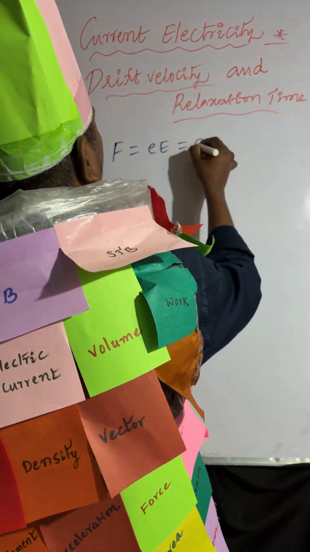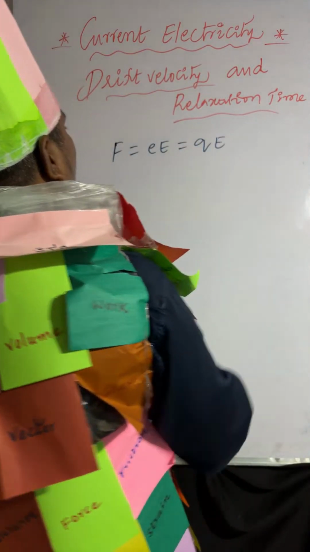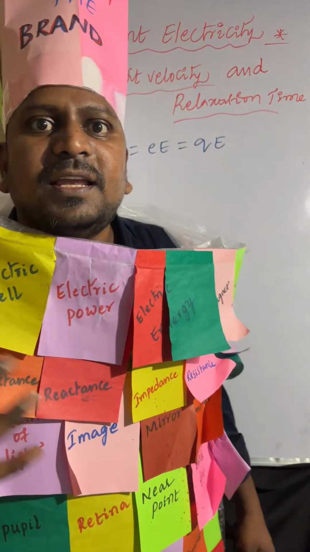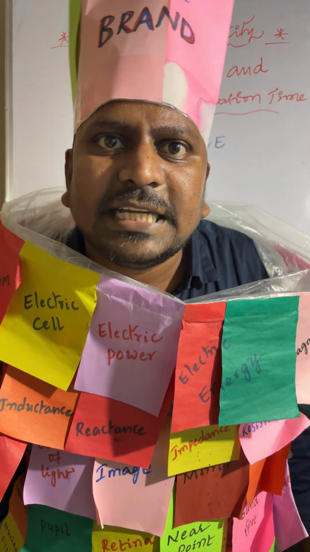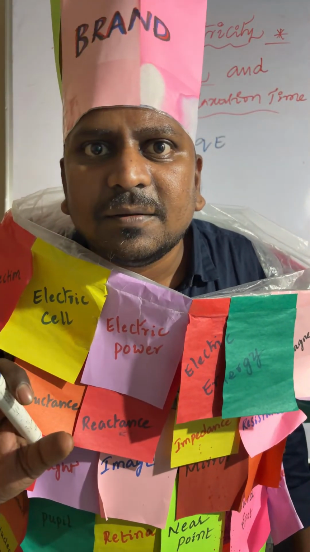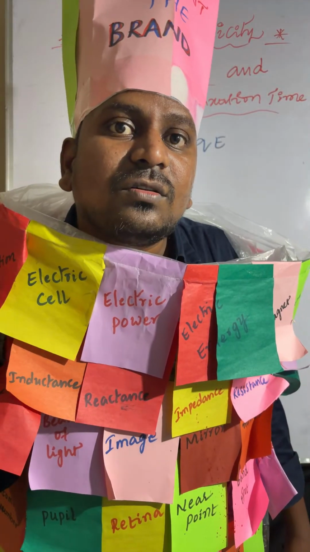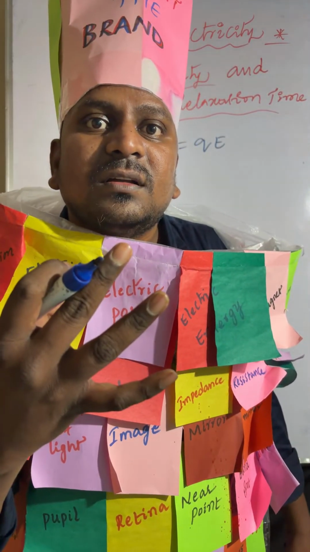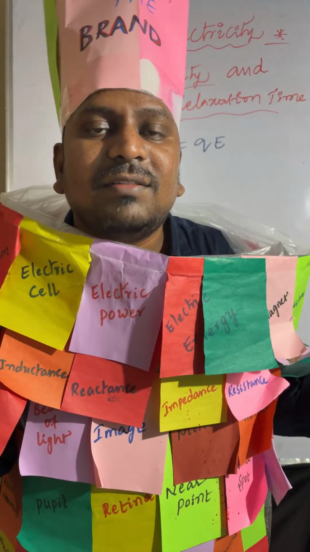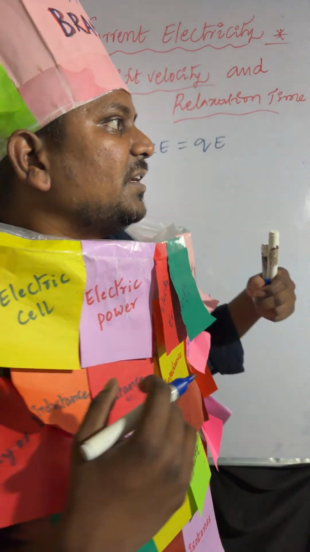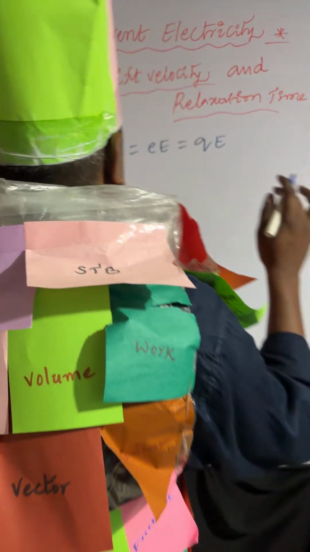Either you can write it like this or like this. When it experiences the force, it produces acceleration, because the electron is moving forward, so the initial and final velocity differ.